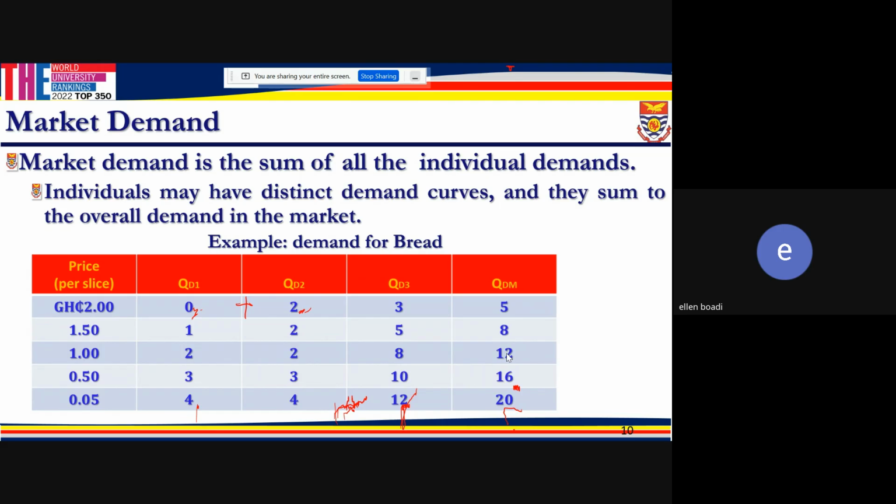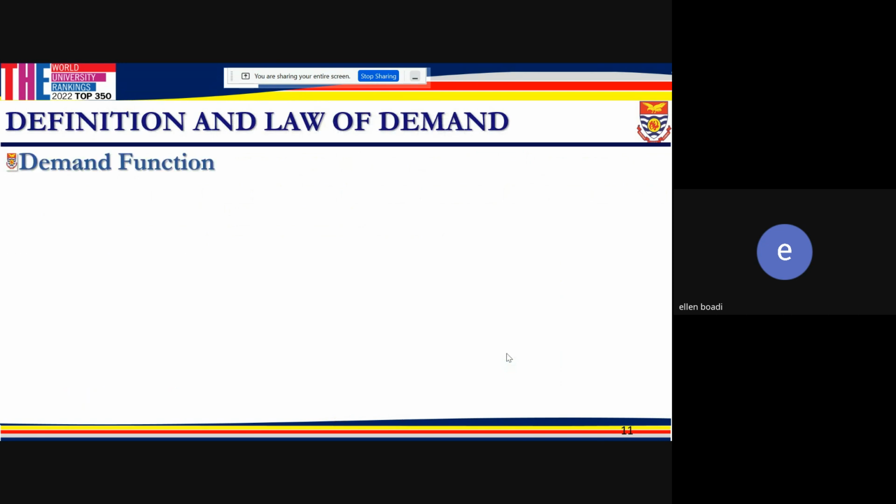When you sum the demand curves, or the demand of all individuals, you have the overall market demand. Just as we are doing in the form of a schedule, we can use graphs to represent it as well. Please, any questions before we continue?